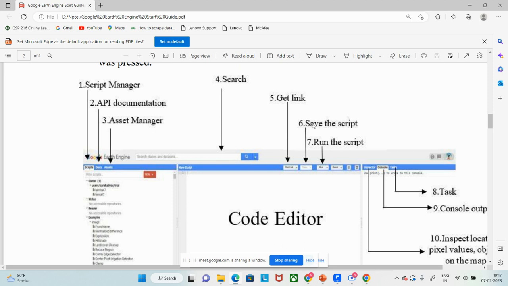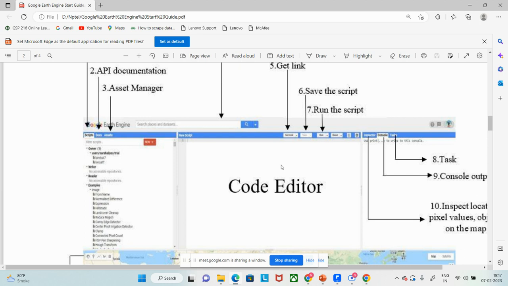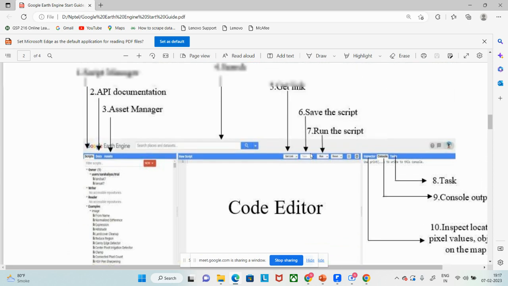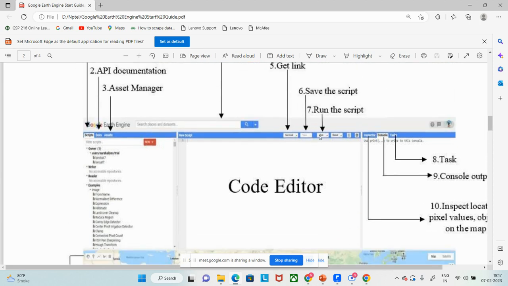Then that person will receive the code, and if he has Google Earth Engine, he can edit from there also. And sixth is this part for saving the script. And seventh is run after writing, or if you don't know yet, you can open the example section and run it, and it will process the image for which the code is already written and show it to you. That also I will show you now.